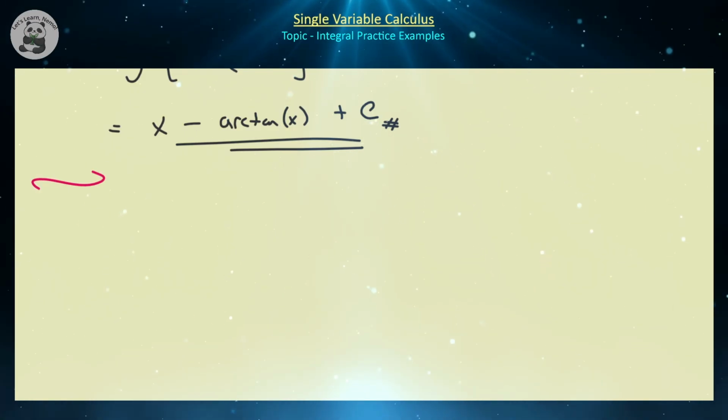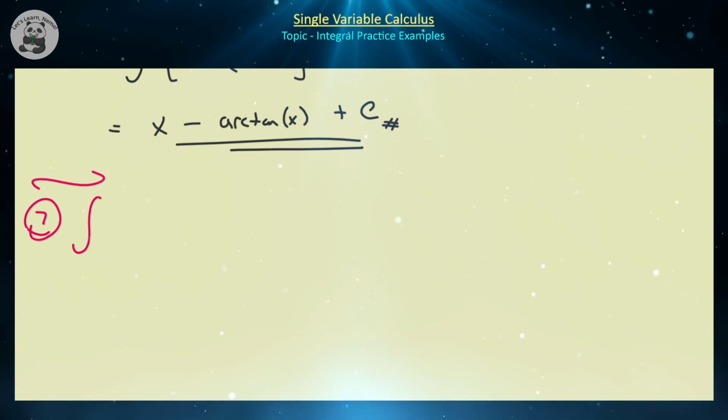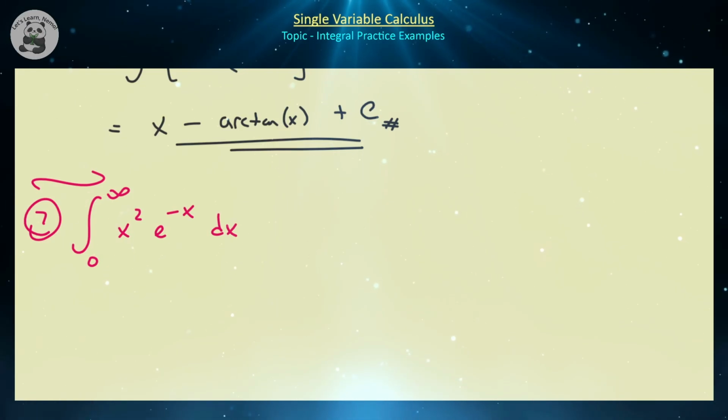So example number 7, let's assume that we have the integral from 0 to infinity of x squared e to the minus x dx. Alright, now there are a couple ways you could go about this. The first obvious way possibly would be to use Laplace transform, if you know Laplace transform, but if not, that's okay.